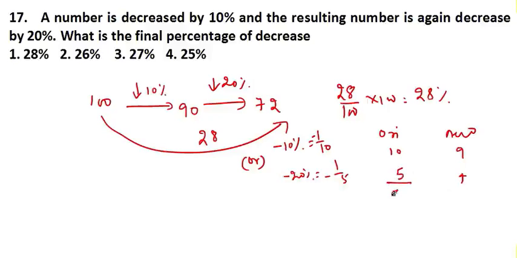So before it was 50, now it becomes 36. So tell me what is the difference here? The difference is 14, minus 14, right? This 14 is on 50 into 100. Again you get 28%. Okay, understood?